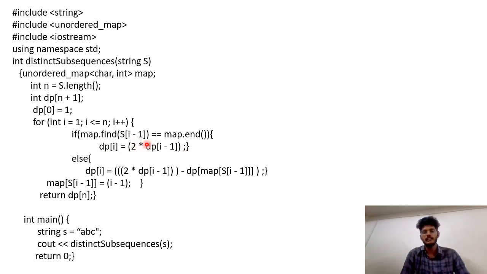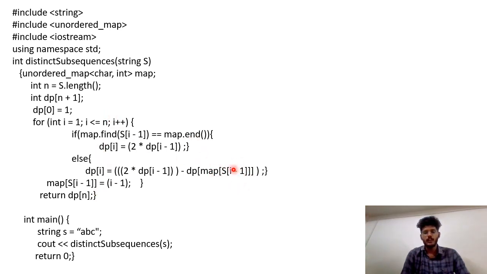In the else case, the character was found in the map, so it is a repetition. Then we take twice and remove the previous occurrence of the same character in that string.